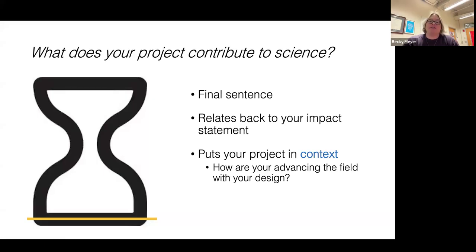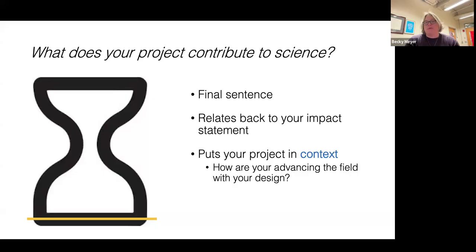So if your impact statement started with, cancer X is difficult to diagnose before it metastasizes, your final sentence should be something along the lines of, by designing and refining this circuitry, we're hoping to identify the driving protein for cancer type X before it metastasizes, and thus enable us to create a better diagnostic.